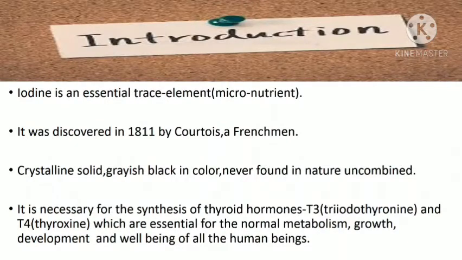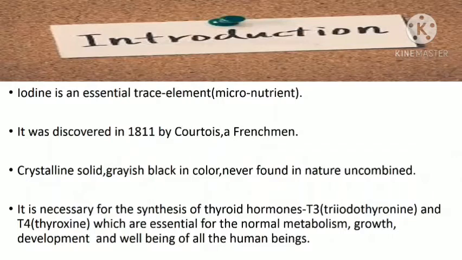Before introducing this trace element, we must know there are more than 50 elements in the human body that are required for growth, repair, and regulation of vital body functions. These elements have been divided into three major groups: major elements, trace elements, and trace elements with no known function.